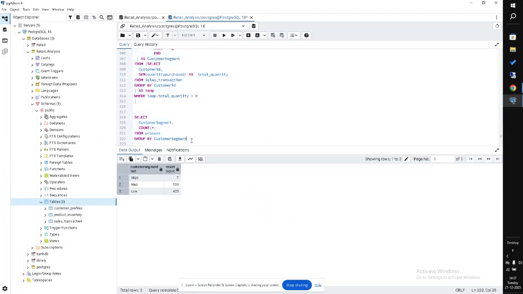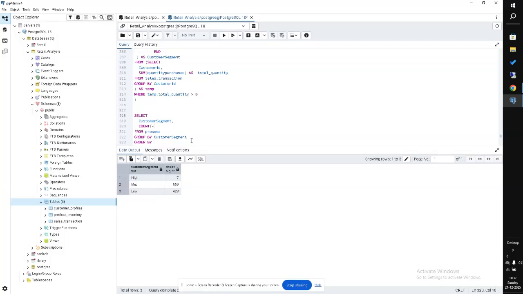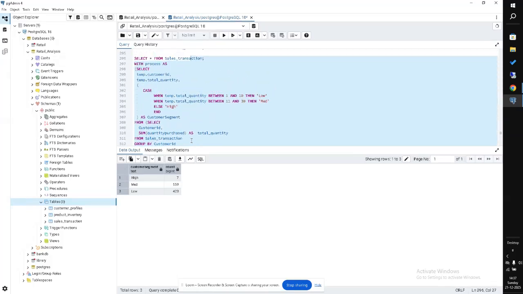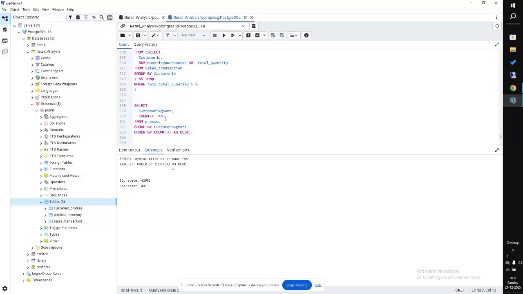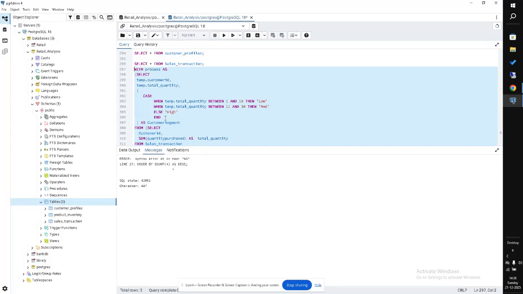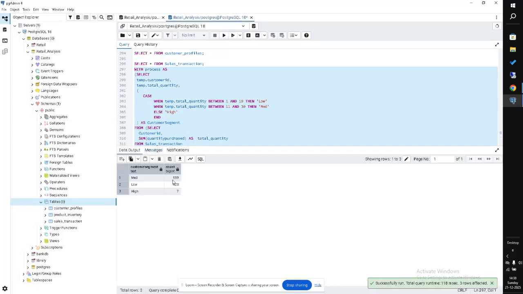Let's make it clear: order by customer count, count star.